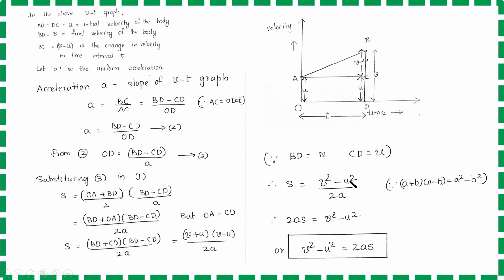So you can write it as (v square minus u square) by 2A. Send 2A to the left side: 2AS is equal to v square minus u square. Or you can also say that v square minus u square is equal to 2AS. So this is our third kinematic equation.